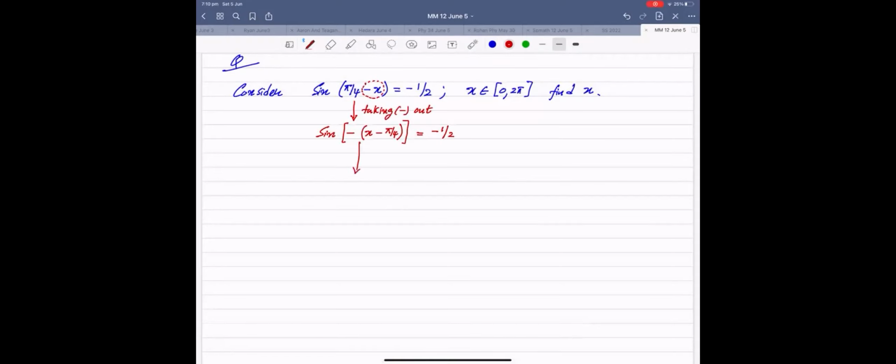Next one. Then sin is an odd function. This can be written as -sin(x - pi/4). Why?